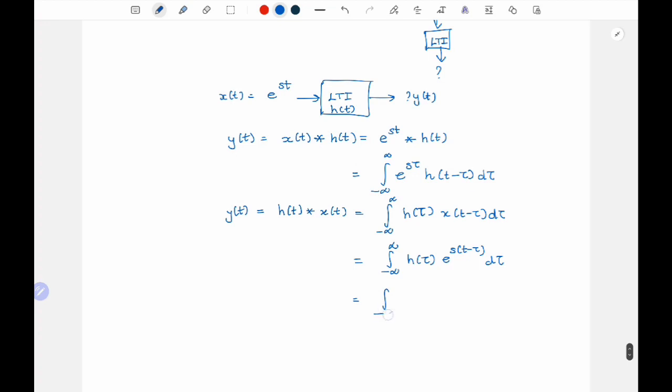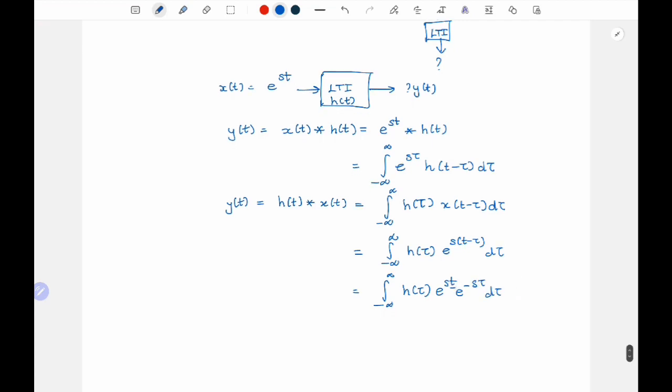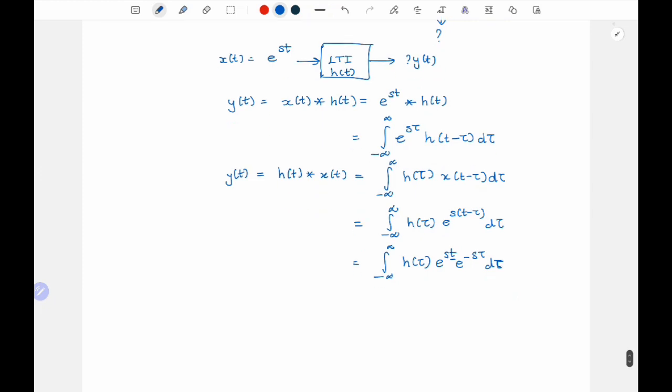So what is this? Integral h of tau e power st e power minus s tau d tau. This t is not involved in the integral. The integrating variable is tau. So e power st you can take outside. What is left is e power minus s tau d tau.